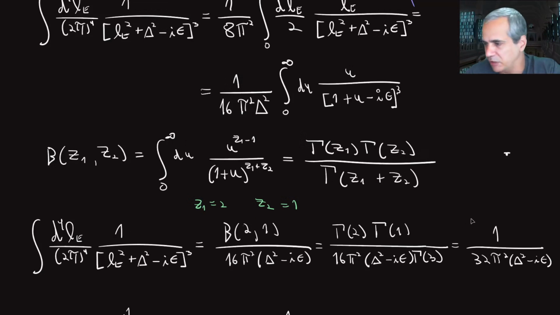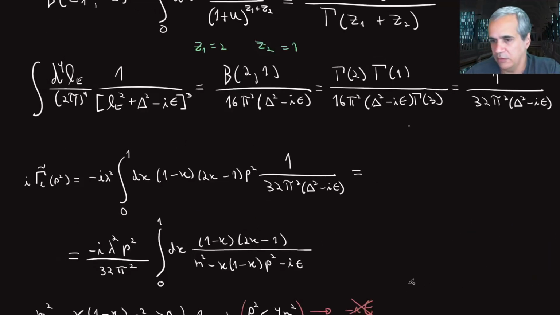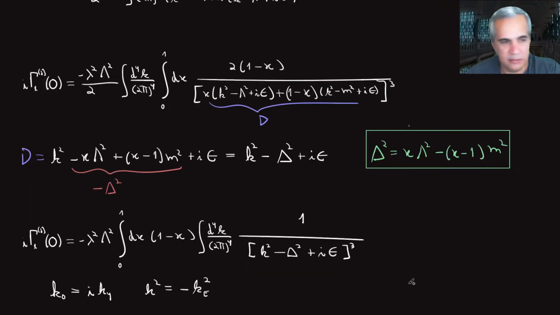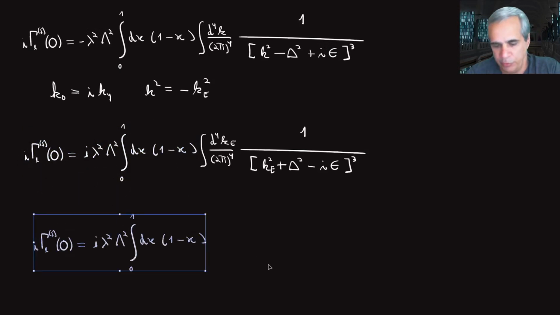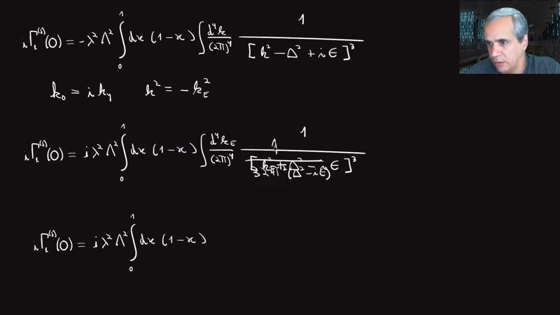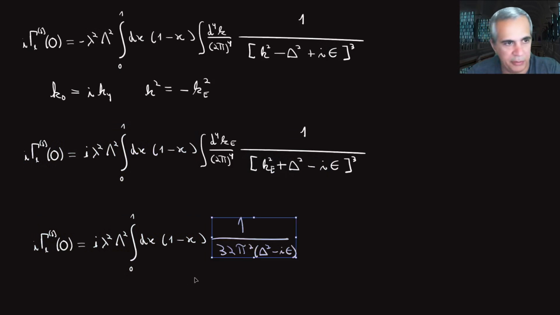So I can immediately replace that expression by this one down here. Let me copy it again. So this guy multiplies this expression. I copied from up there because I had exactly this integral that I did in terms of beta functions and then gamma functions.